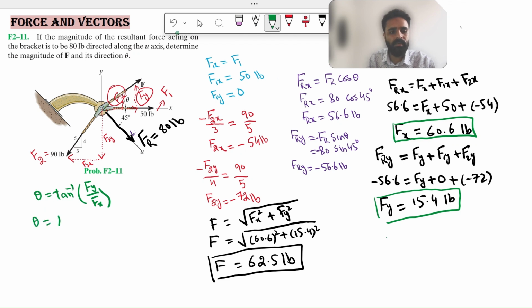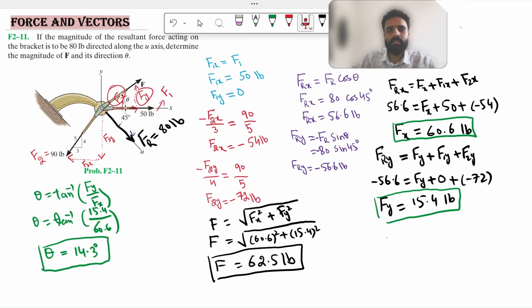So tan inverse of Fy, which is 15.4, divided by Fx, which is 60.6. After calculation, theta will become equal to 14.3 degree.